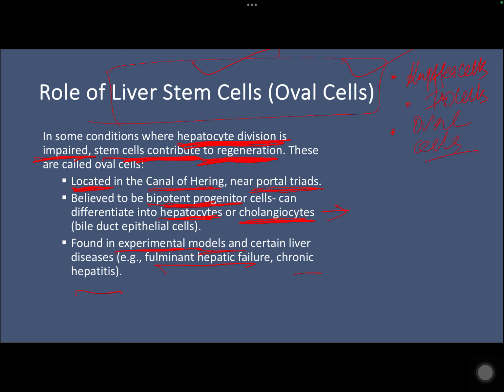At a time when the liver is not able to divide or regenerate, they play an important role in the regeneration, and they are bipotent.